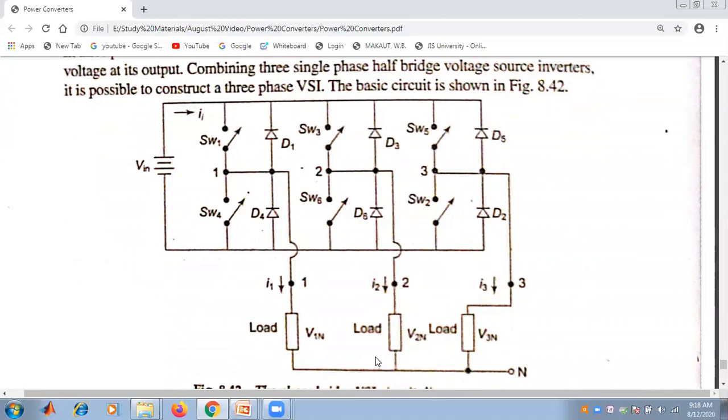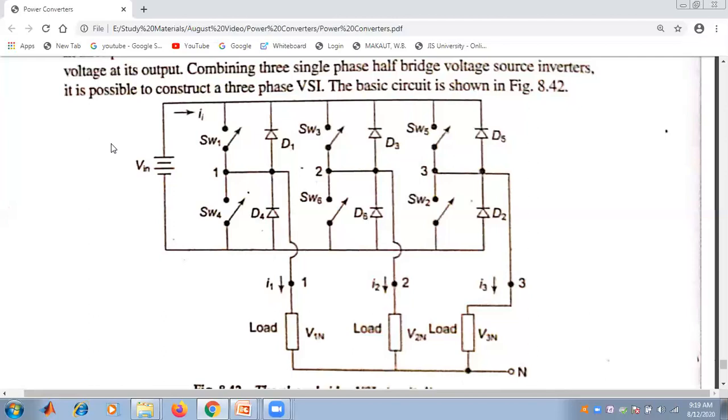The general purpose of the three-phase voltage source inverter is that the DC input voltage is converted to a variable three-phase AC output voltage.